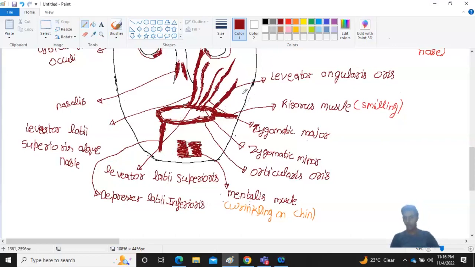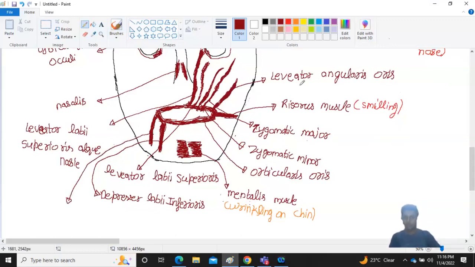Then remember, this is the muscle which helps in elevating the angle of the lip. So there is another muscle which helps in depressing the angle of the lip. Basically for sadness expression, attached to the angle like this. Let us do the naming here.